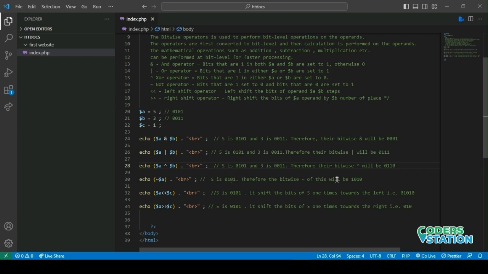So this is of 5, and it has been inverted. And then left shift and right shift. Left shift shifts the 5 by 1, because we have given $A left shift $C. $C has value 1. So it shifts 1 time towards the left, and then it becomes this value. And then it shifts towards the right, it becomes this one.